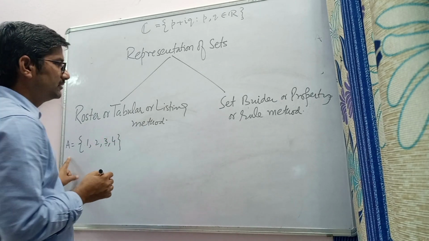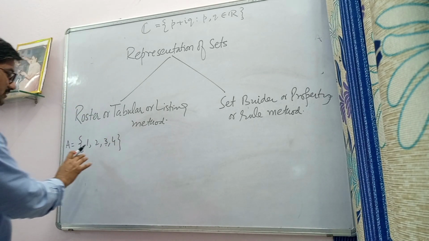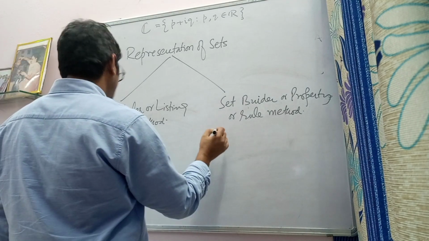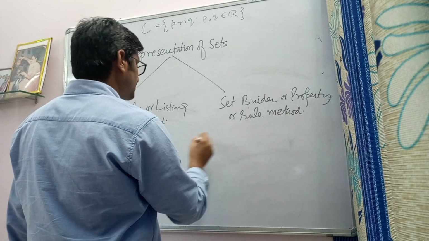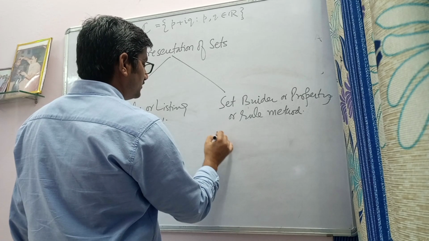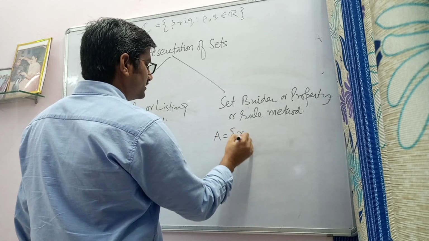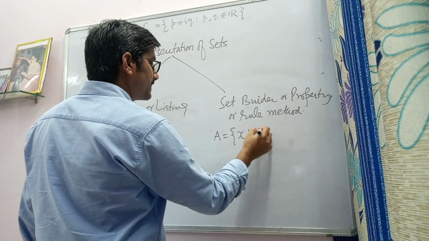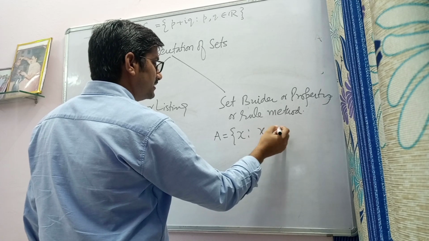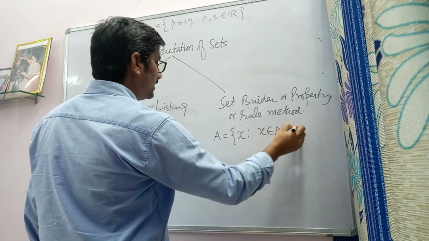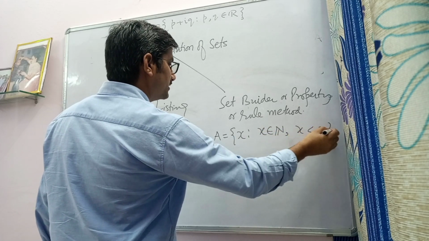Another way to write this set, it contains the positive integers which are less than 5. So you can write A contains all x such that x is a natural number and x is less than 5.